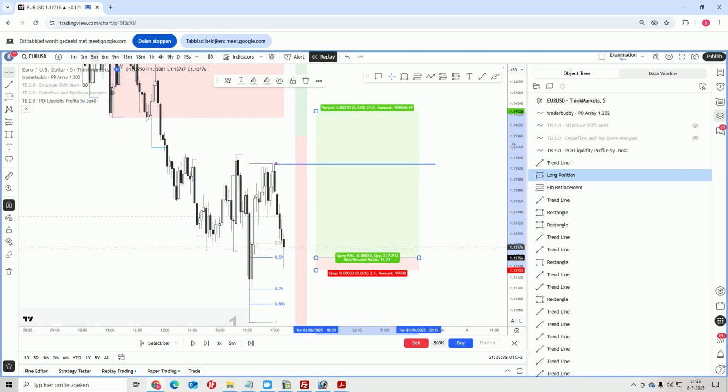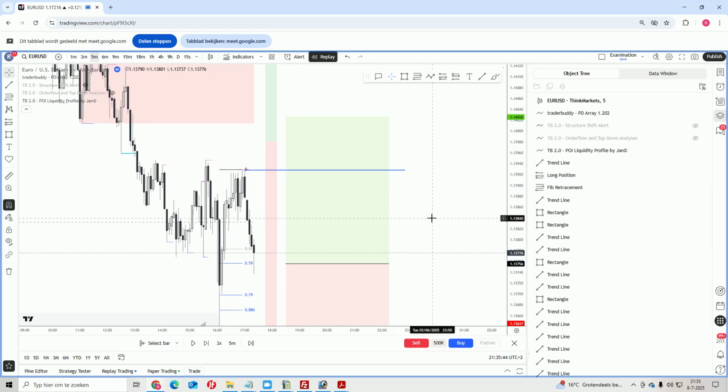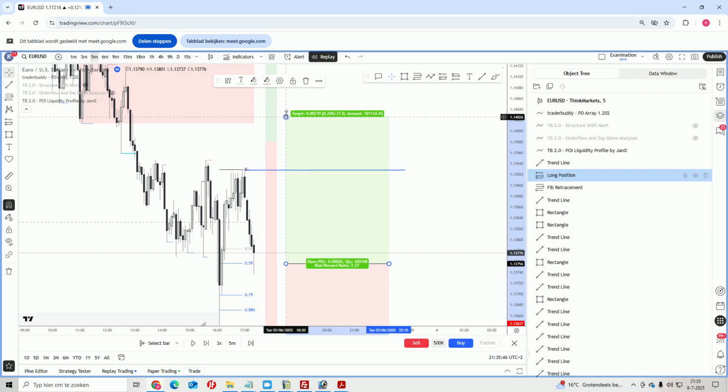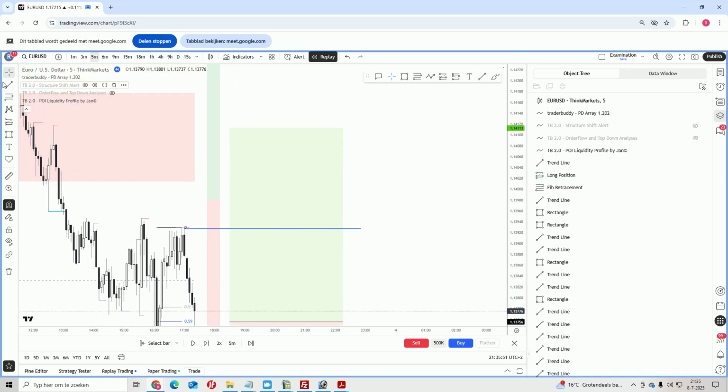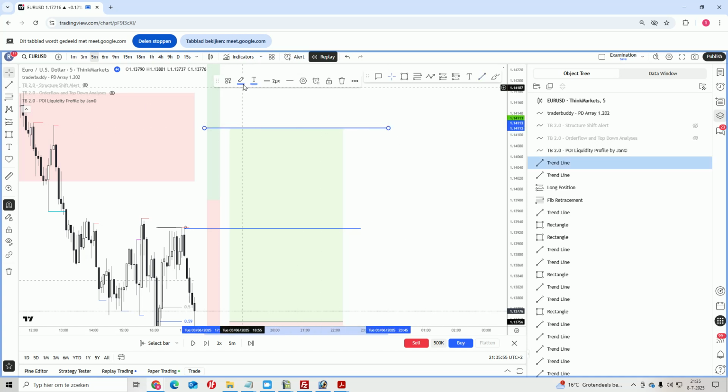I should have marked off the 3R first, I'm sorry. Let's do that. Where is 3R? 3R was inside our higher time frame PD array over here. So this was our ultimate target.